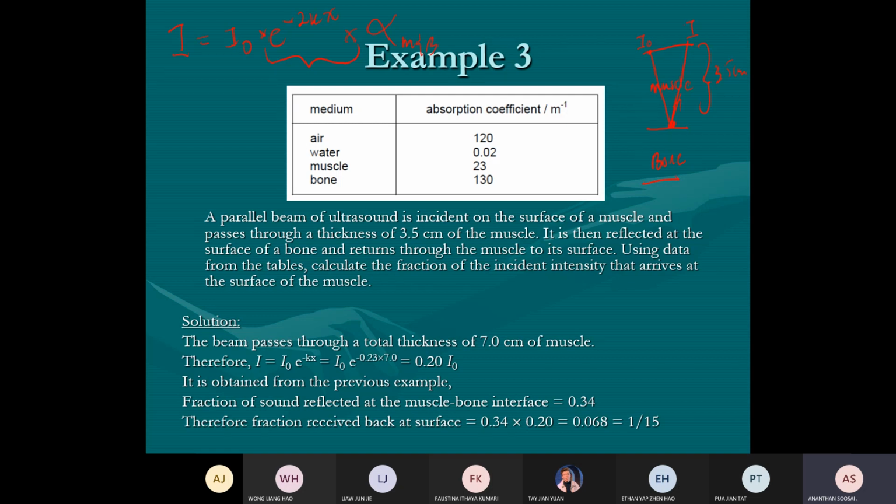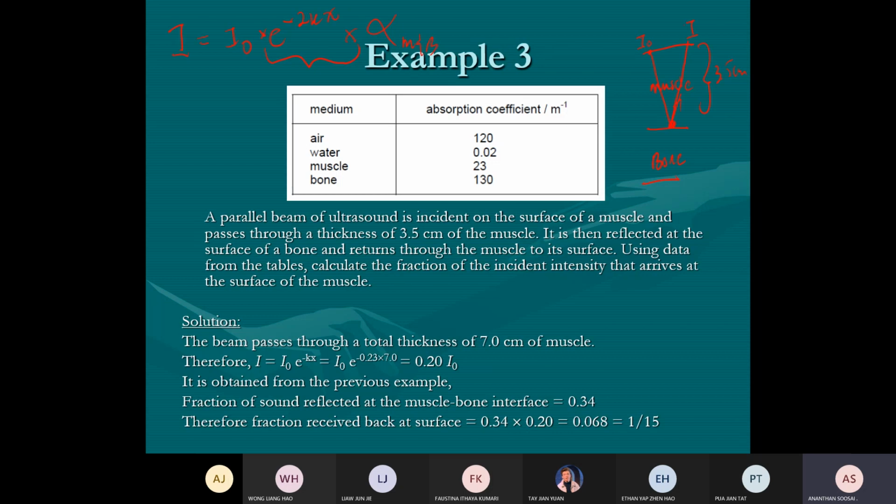This is muscle, right? The absorption coefficient for muscle is 23 per meter. Here given 0.23. Why? Of course, again, I forgot to tell you this time. Both must have the same unit. If the thickness is in meter, the k has to be per meter. Like your half-life, lambda and t must be the same unit. Time in second means lambda per second. Time in year means lambda per year.